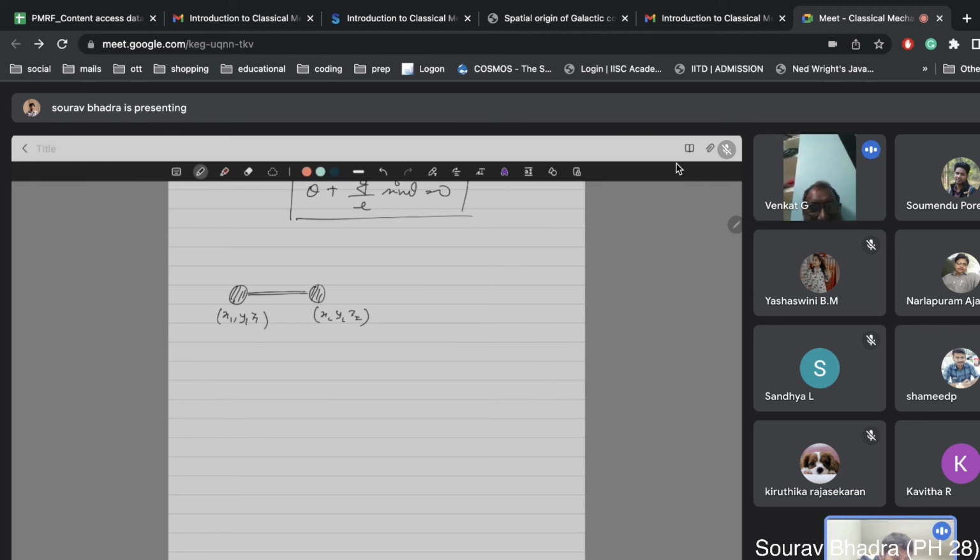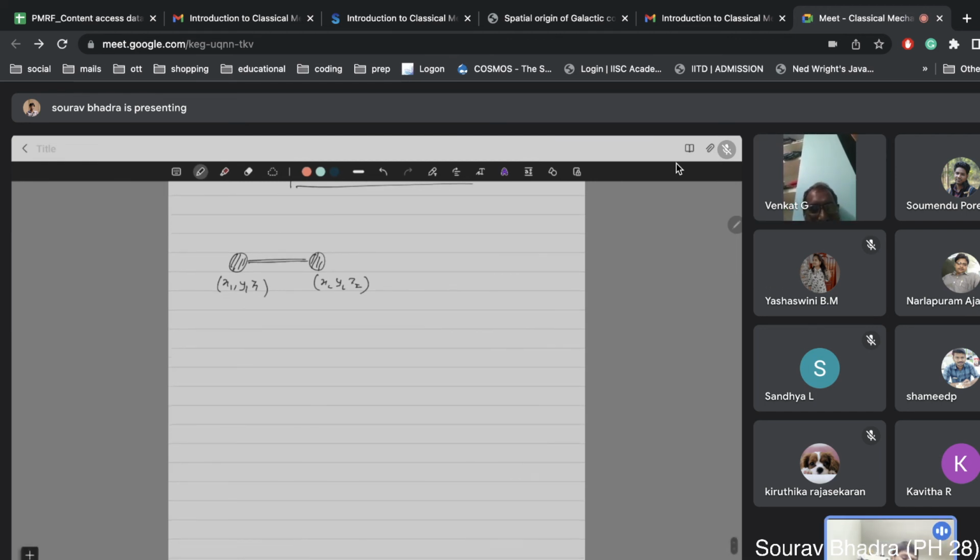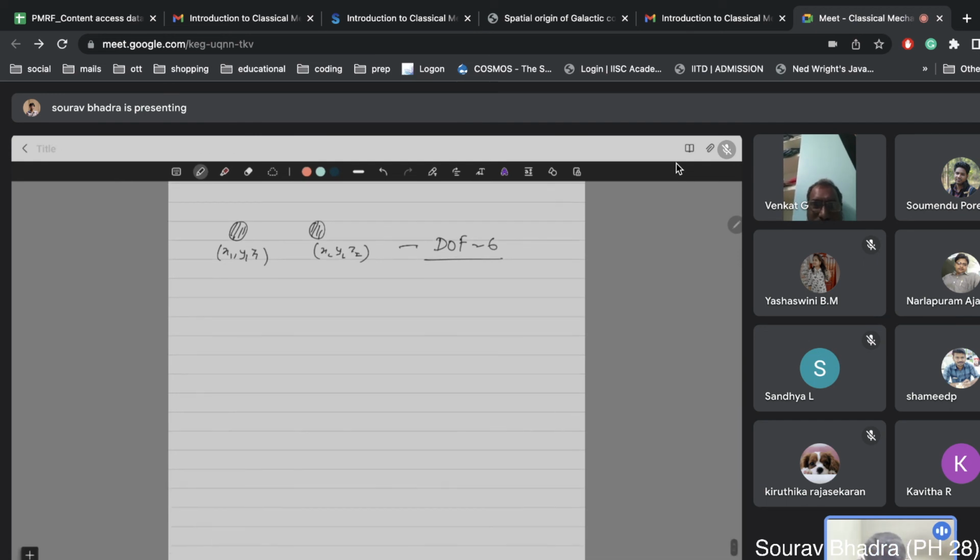Whatever the bonding between them, the degrees of freedom will be less than 6. Yes, exactly 5. But in our case there is no given relation, that's why the number of degrees of freedom is 6 here. Okay. Now the second was a very easy question, del qi del qj.